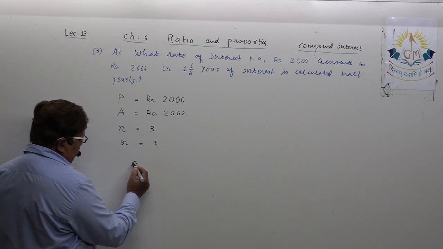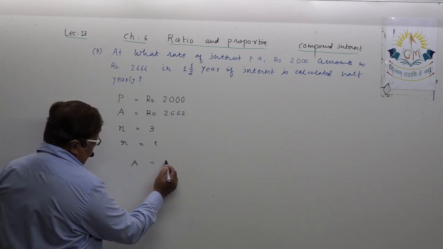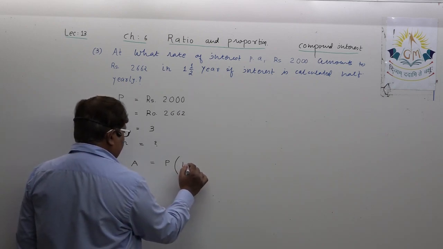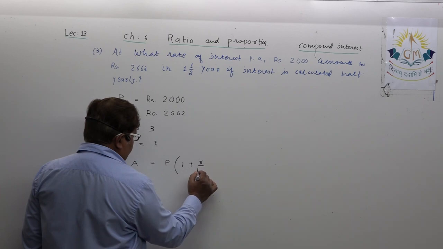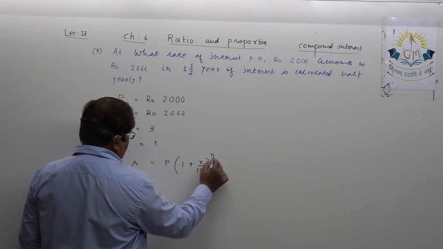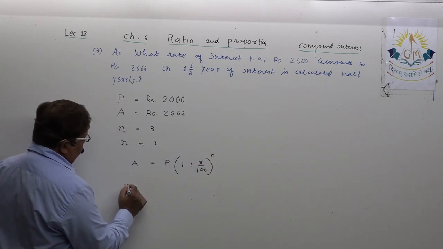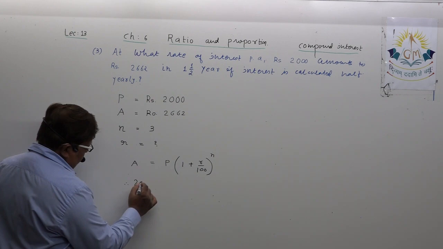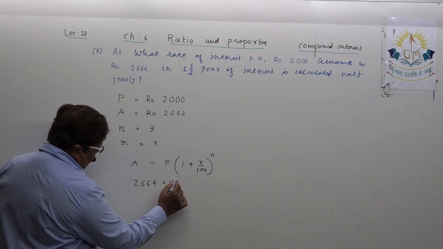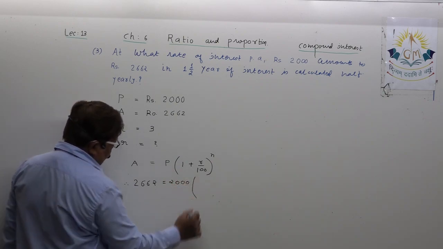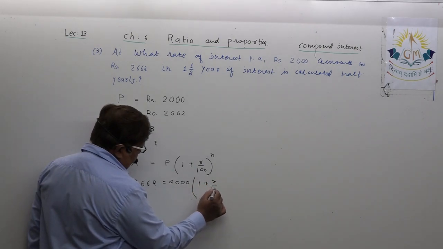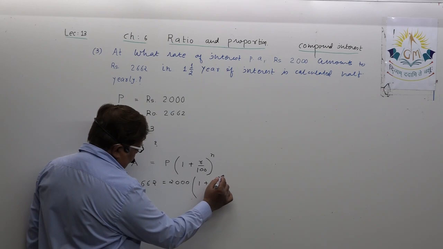Let us write the formula. A equals P into bracket 1 plus R upon 100 raised to N. Okay, dear student, amount 2662, principal 2000, 1 plus R upon 100 raised to 3.